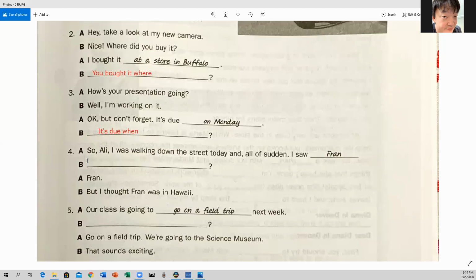So, Ali, I was walking down the street today and all of a sudden I saw Fran. Clarifying question? Very good.